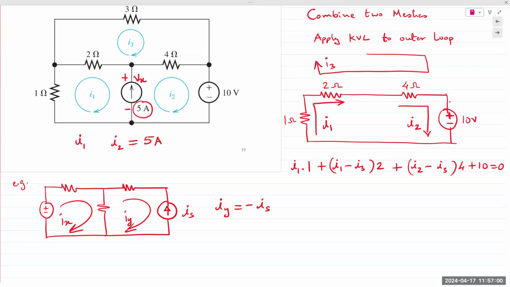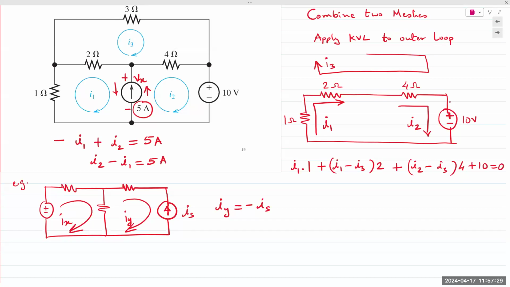Which one has the same direction as the 5 amp? I1 is coming down, I2 is going up, and so I2 has the same sign, I1 is negative, and I could write I2 minus I1 is 5.